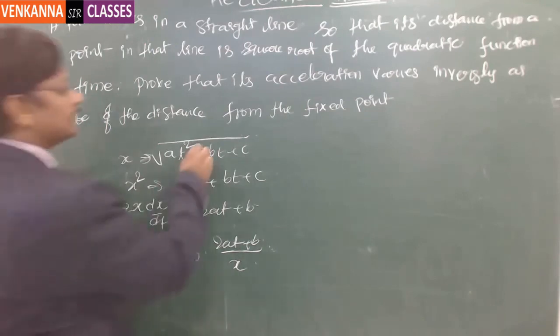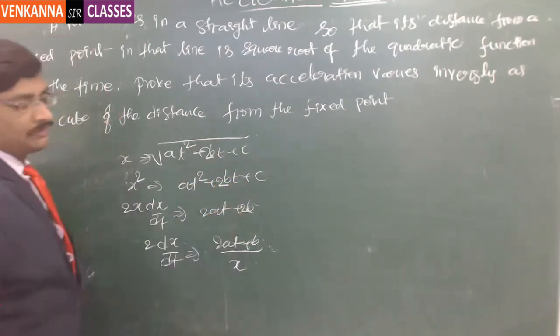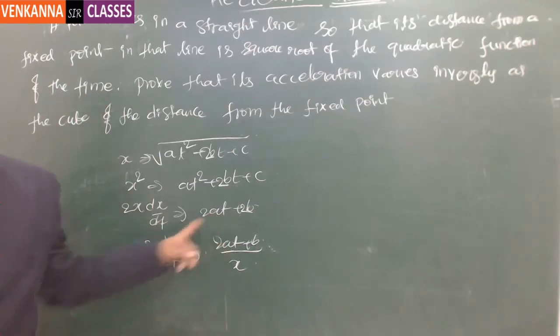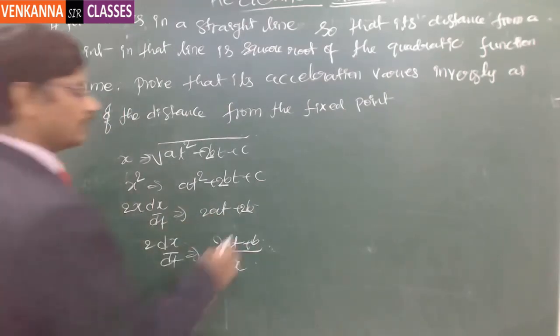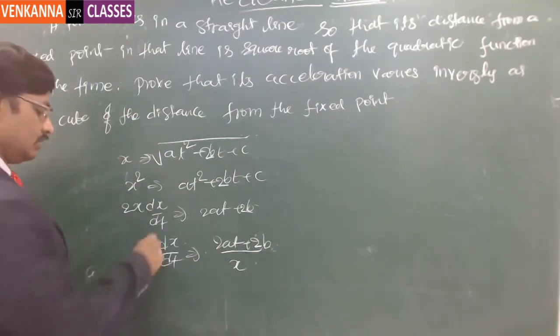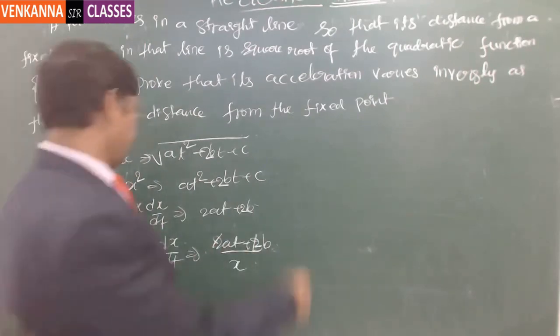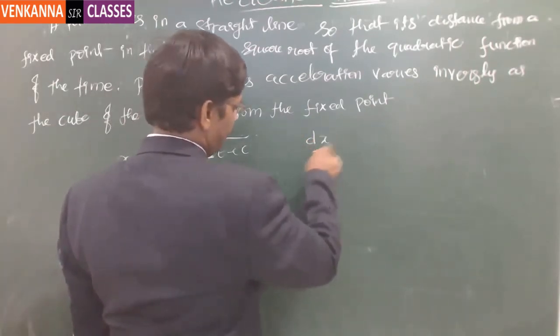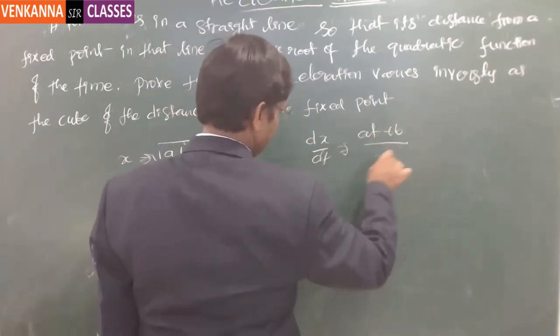For simplicity, you imagine that this is 2b, so that you will get a much simpler way. Without this also you are going to get the same answer. So for simplicity, you can imagine this, so that this 2 and 2 will cancel out. So what you are going to get is dx by dt is equal to at plus b by x.